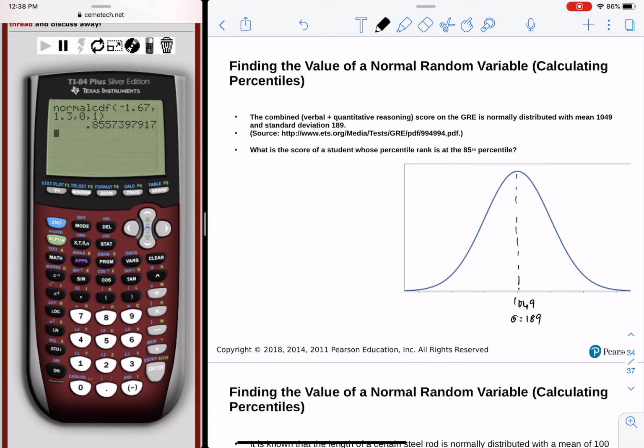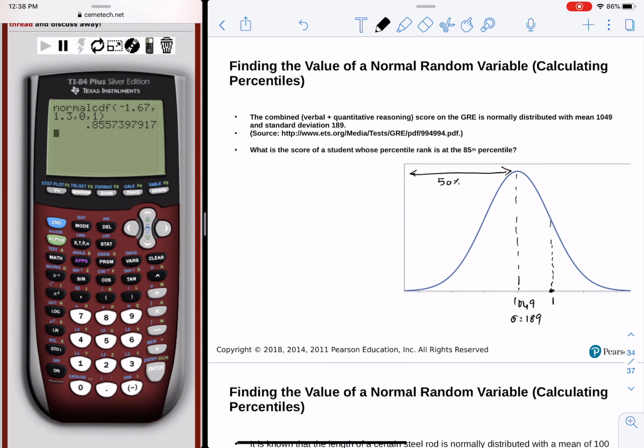So even before you start the problem, you can sort of identify the answer. We know 50% lies below the middle value, which is 1049, which is the mean and the standard deviation. So 85 perhaps lies somewhere over there.